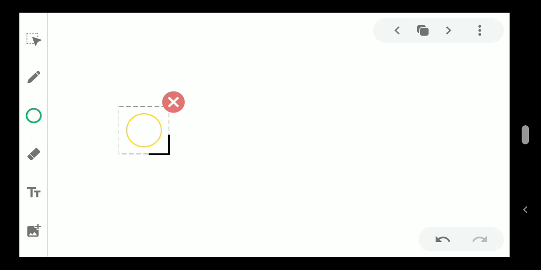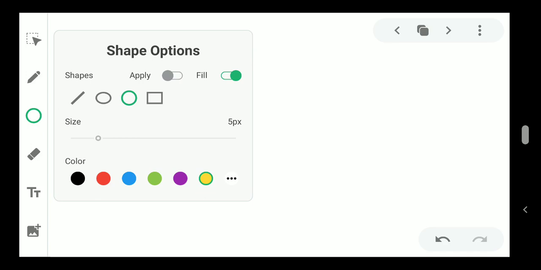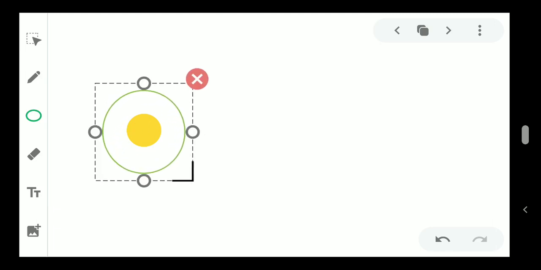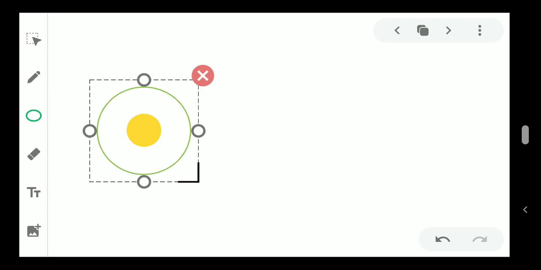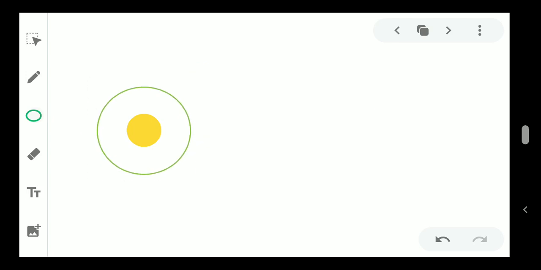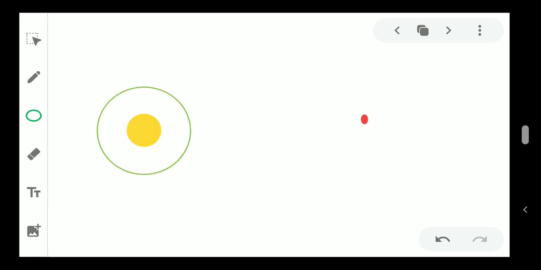Okay, so this is my sun, and let's say my earth orbit is this one. And at the far distance there is a small star.